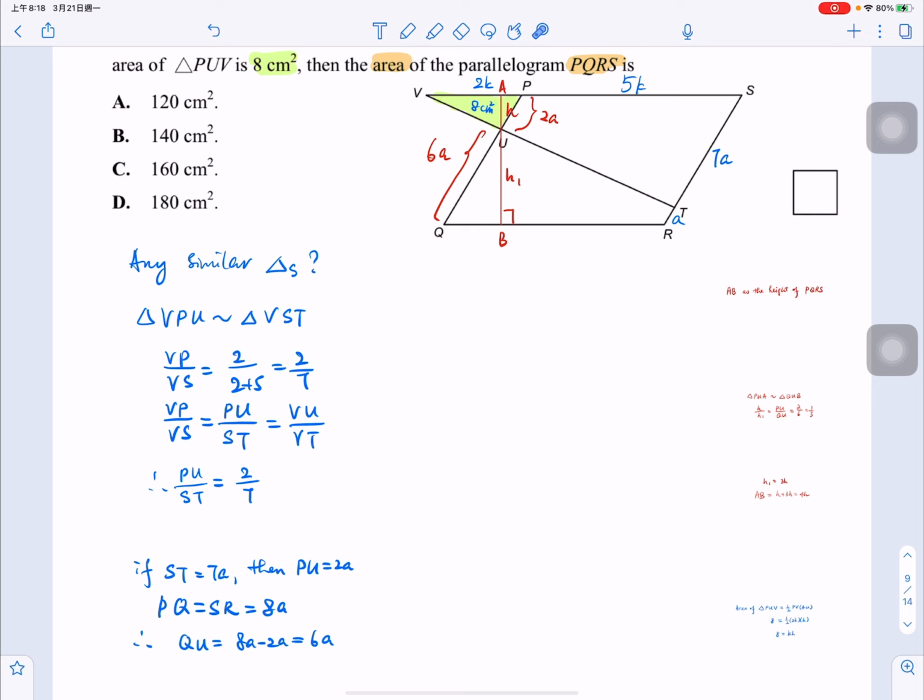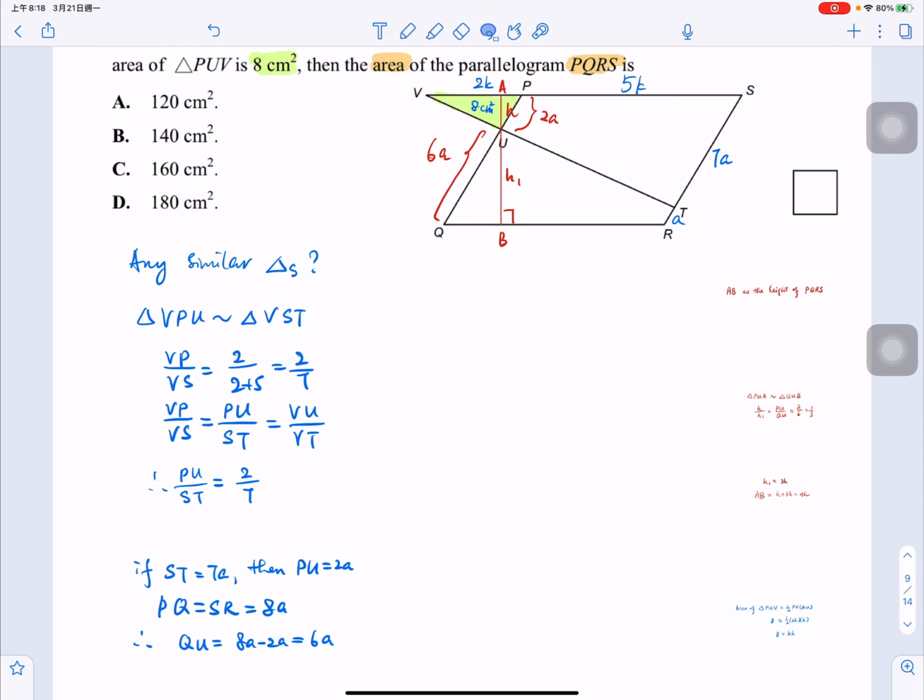So QU, this part, is 6A. After that, PU, QU, they have the ratio 2 to 6. Then you know there are two heights of the triangles, this one, APU and BQU. Here H and H1.